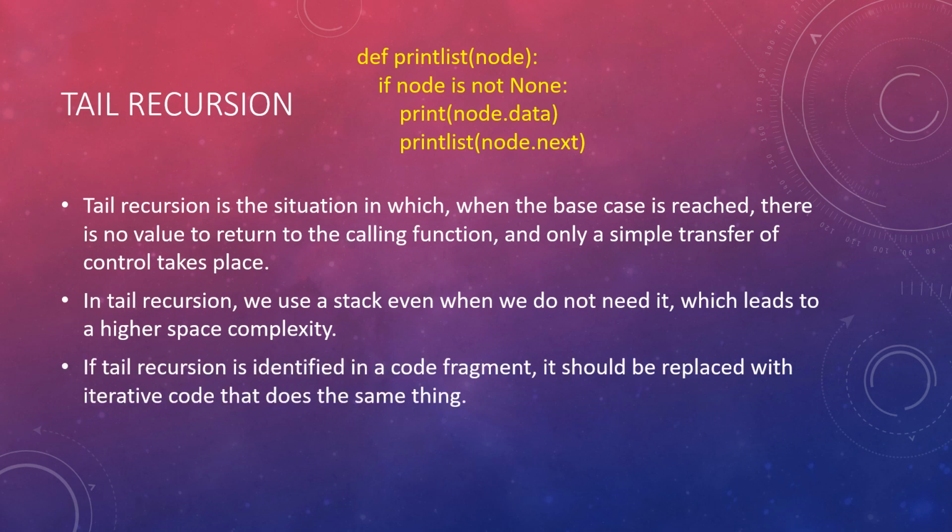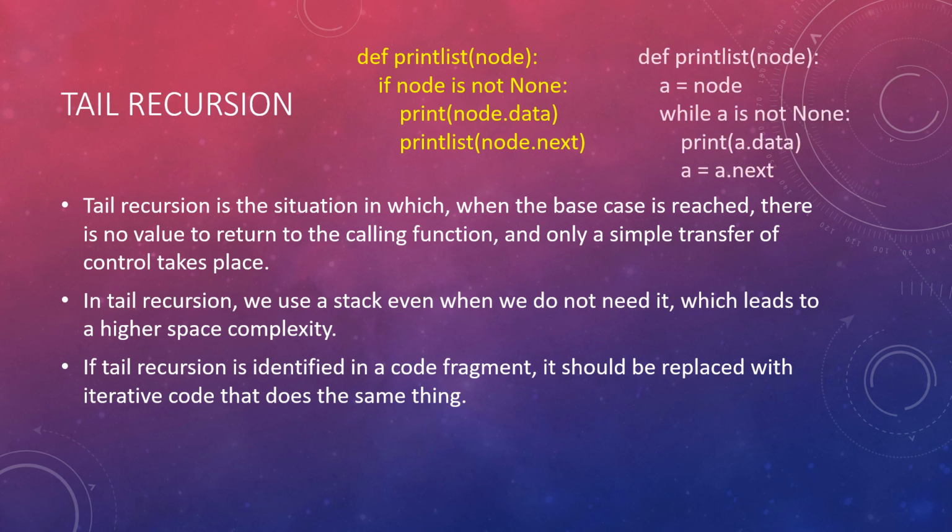If tail recursion is identified in a code fragment, it should be replaced with iterative code that does the same thing. So now that we have identified that the code in yellow has tail recursion, why not try to write an iterative version of this code? Look at the new code here.